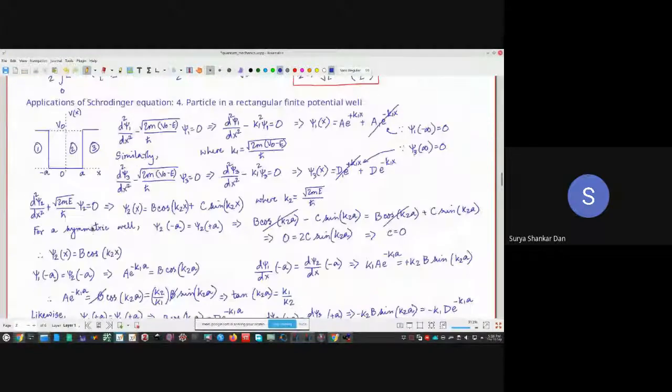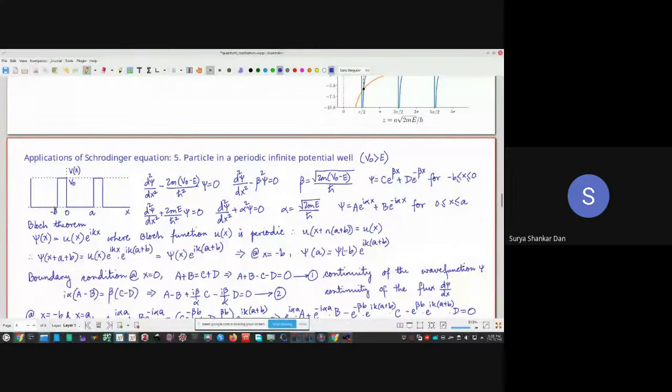Here in the solid state, 1, 2, 3, 4, it goes up to 2 trillion, 3 trillion, and all that. So it's a periodic array, infinite. So I should highlight it here for your benefit. This is an infinite potential well, periodic infinite potential well.